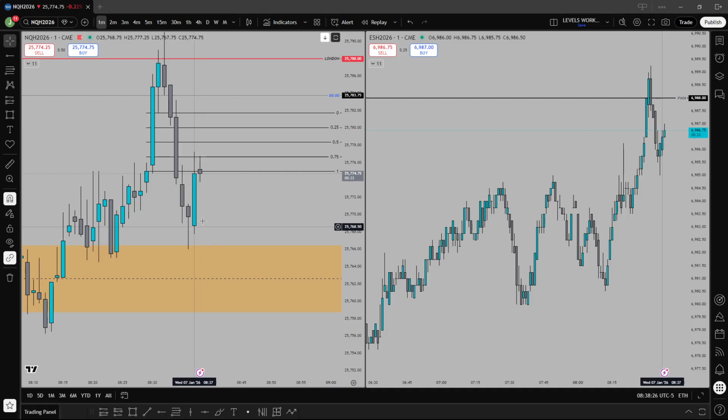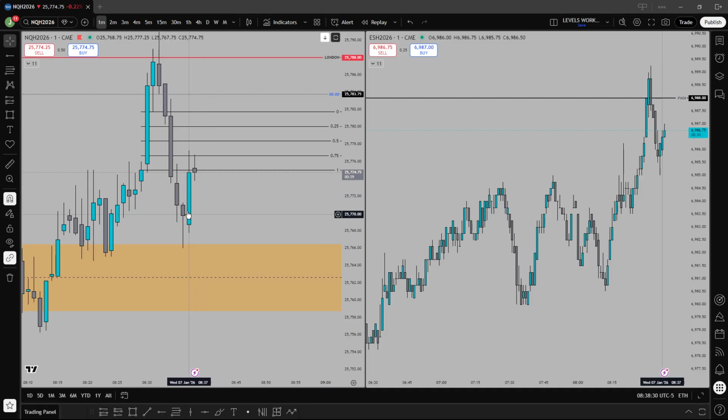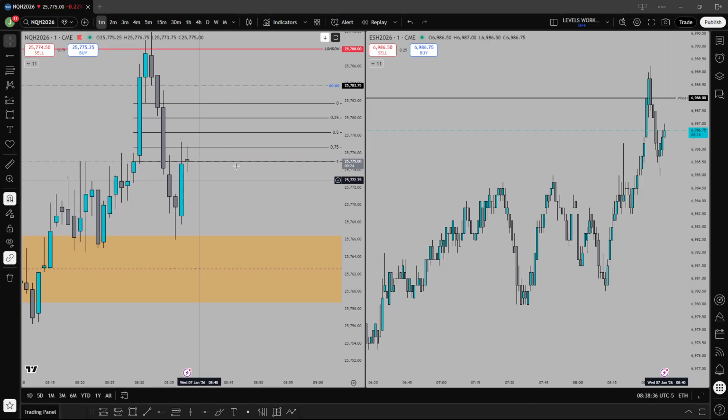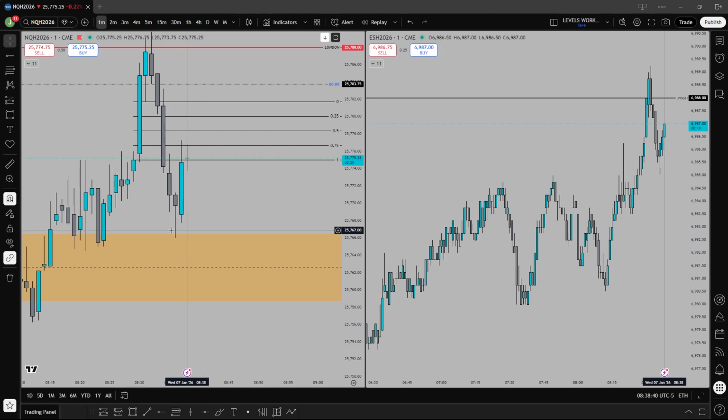If it takes over this blue candle, then this will be an order block, and then I don't wanna see price go above this high. If it goes below this and closes this.